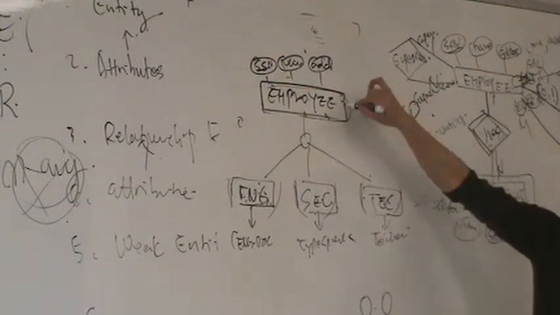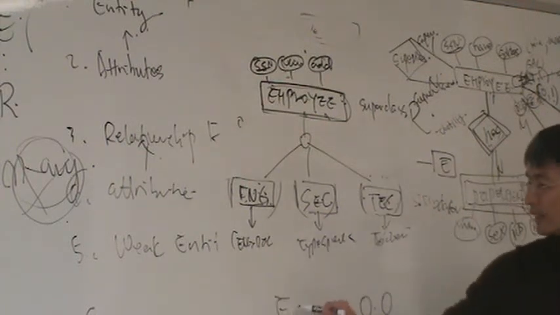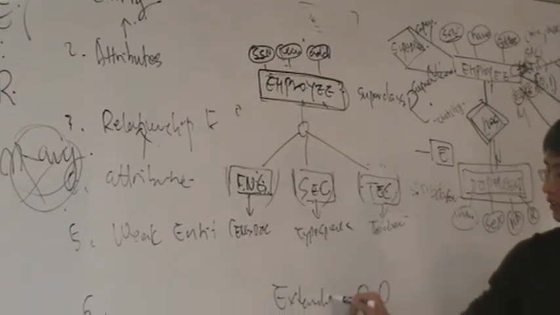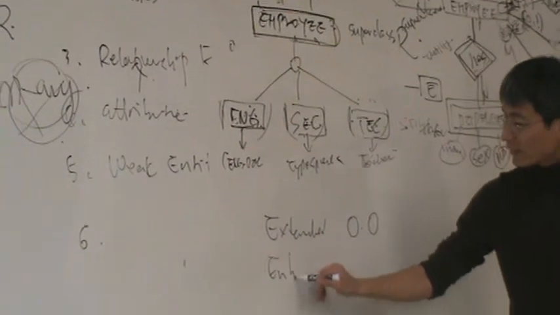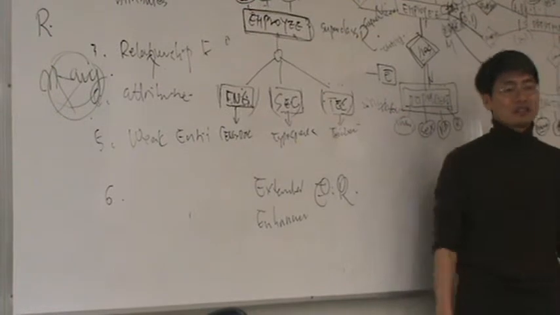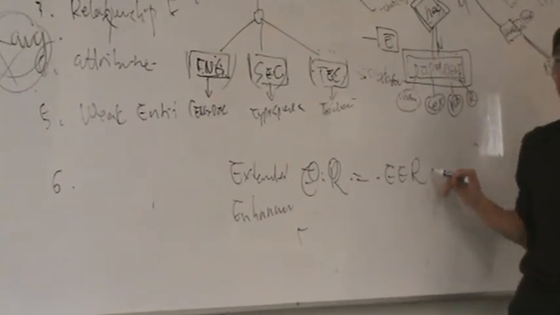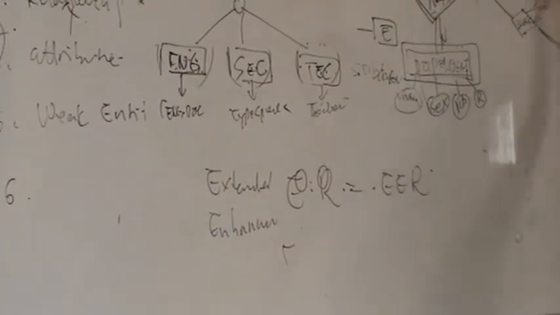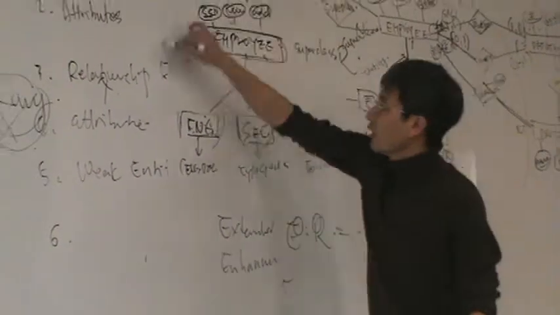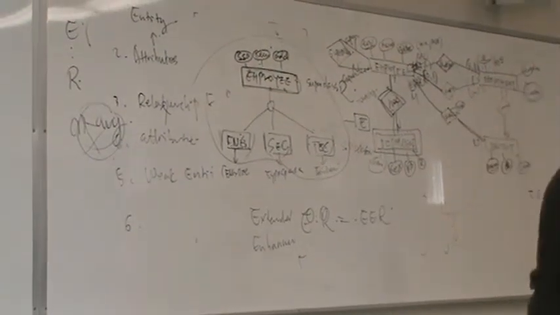Then we can say this is a superclass and these are the subclasses. This is called extended, or sometimes enhanced, ER model. So this is called the EER model. In addition to the ER modeling, we adapt the idea of super and subclasses.